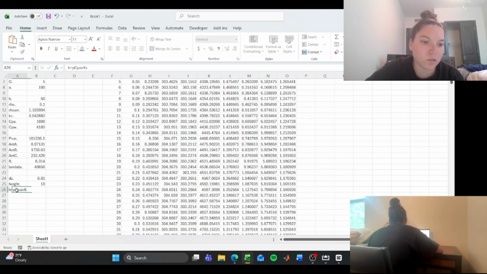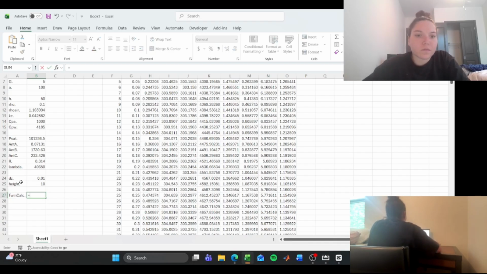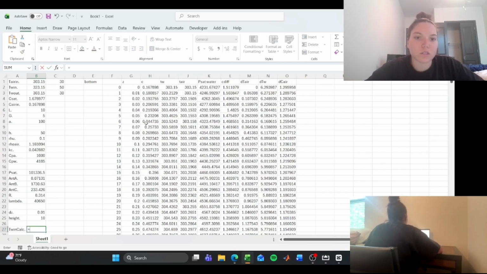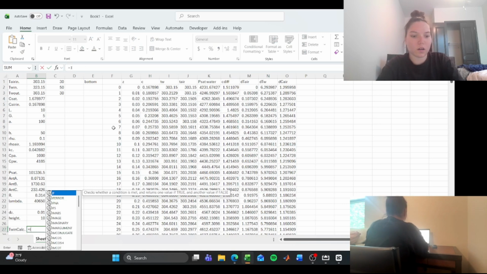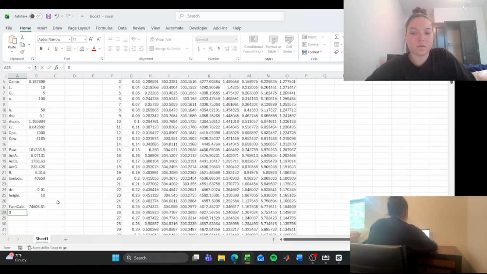So then we want to optimize this. We have the temperature of water going in. I calculated it, the temperature of water is an I, so it's going to be I1002.